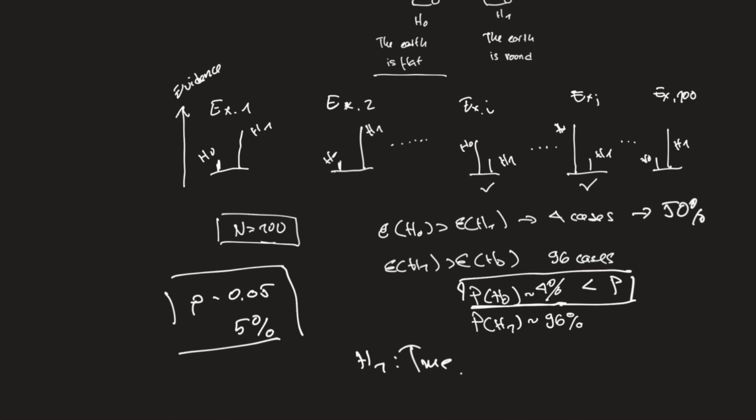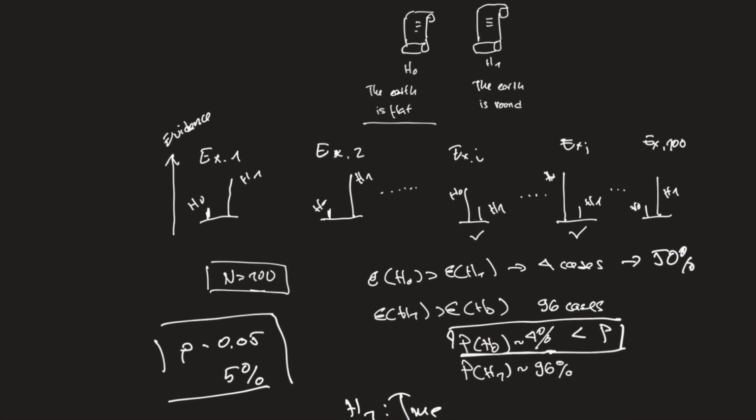So we have reason to believe, given the data that we are getting, that the Earth might in fact be flat. So we cannot reject the original idea that we had, that the Earth was flat. This is what we started with, and this is the idea that is being challenged. So this is a challenger idea.